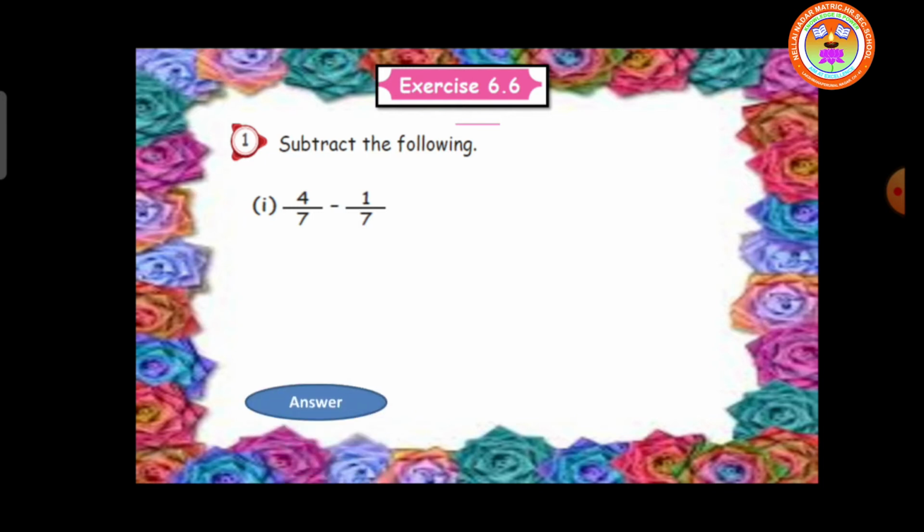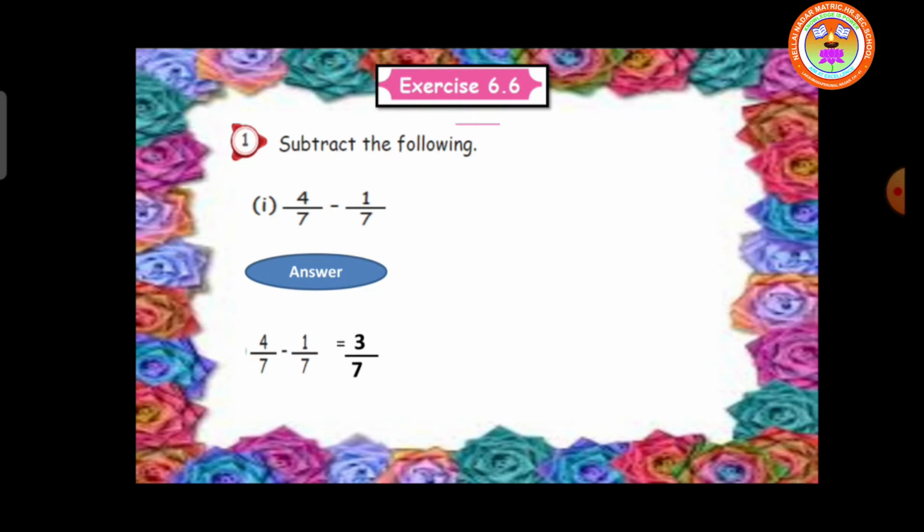Exercise problem 6.6. Subtract the following. 4 by 7 minus 1 by 7. Here the denominator is 7. So we have to take the denominator as common. So what is the numerator? 4 and 1. So 4 minus 1 is equal to 3.